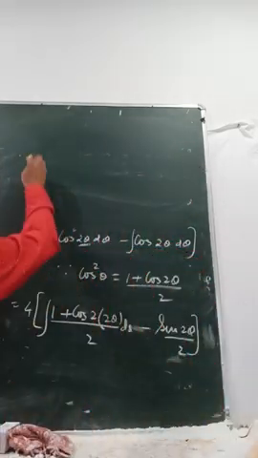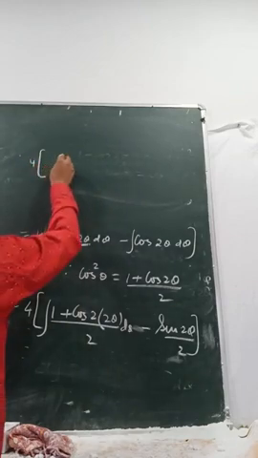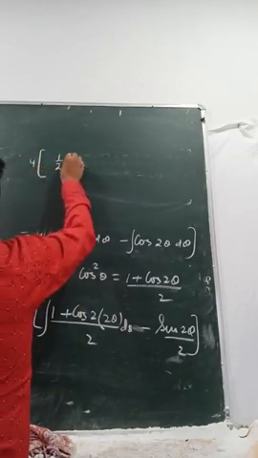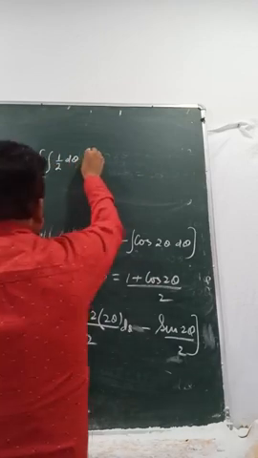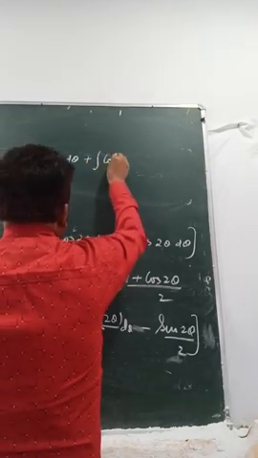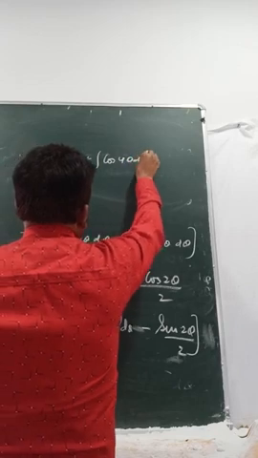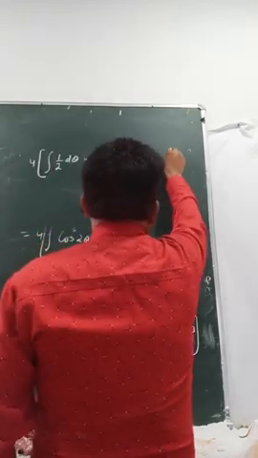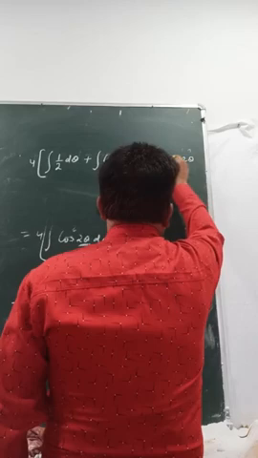So 4 is here. 1 by 2 d theta, cos 4 theta d theta, sin 2 theta by 2.